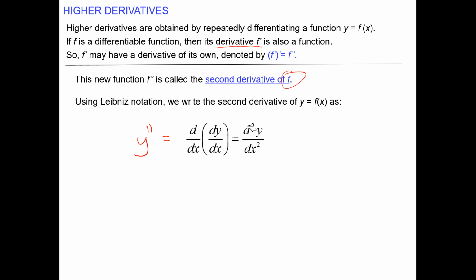It looks like d squared y over dx squared, but it's not exactly squared. We just read it as the derivative of the derivative, the second derivative, taken with respect to x and again with respect to x. That's the reason that we see dx twice. Okay, just the second derivative.